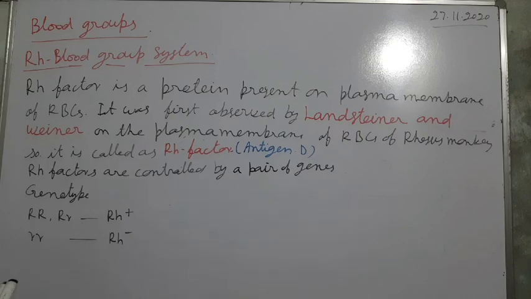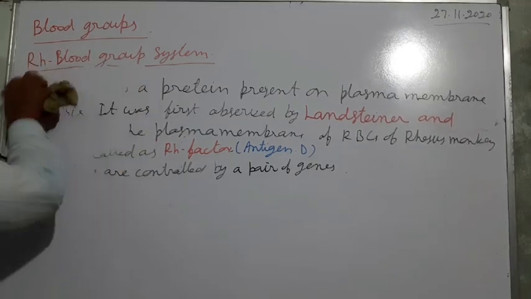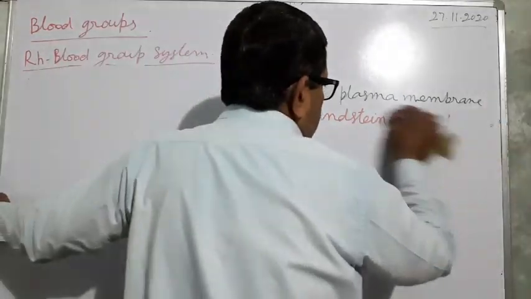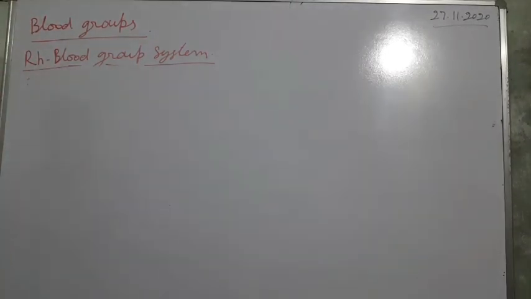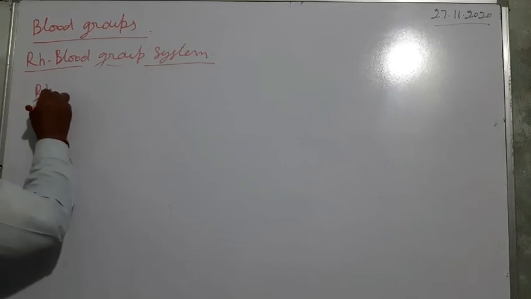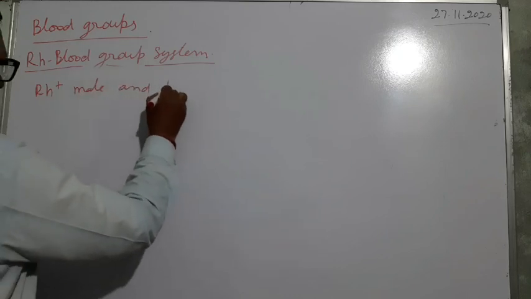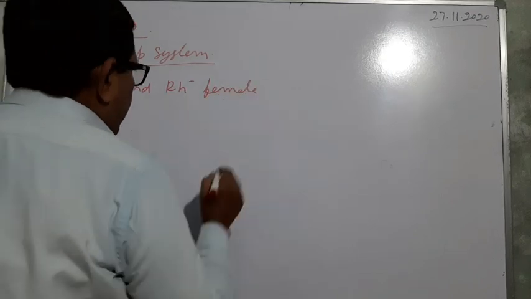Suppose marriage takes place between an RH positive male and an RH negative female. Then what will happen?